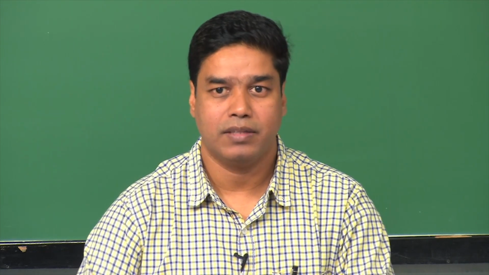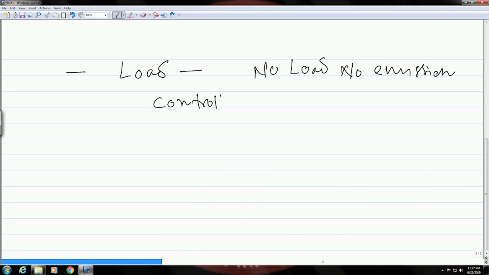That is how this characteristic comes into the picture: if there is no load, there is no emission. So, when you do acoustic emission testing, the part has to be loaded by controlled loading.